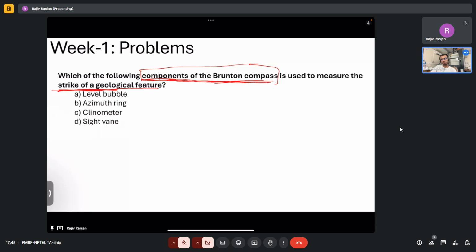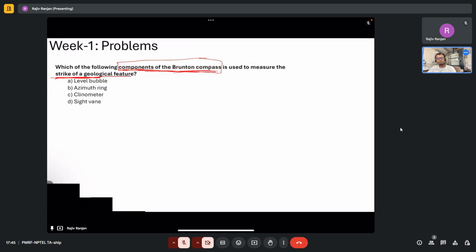I hope you have gone through the lectures and understand what a Brunton compass is and have seen it.